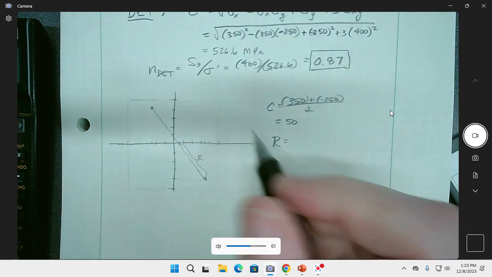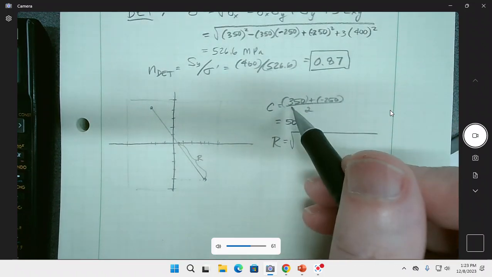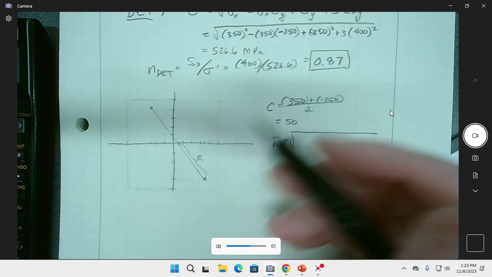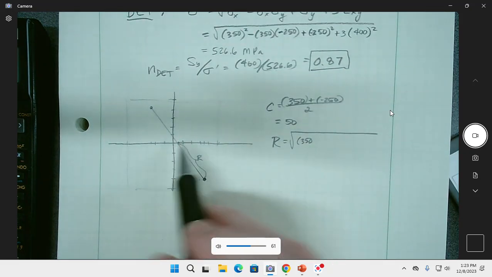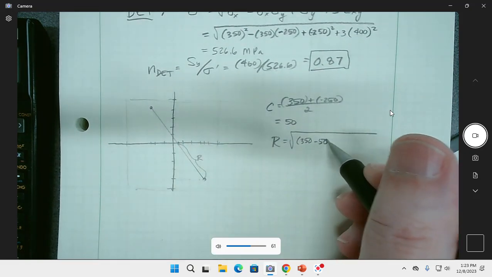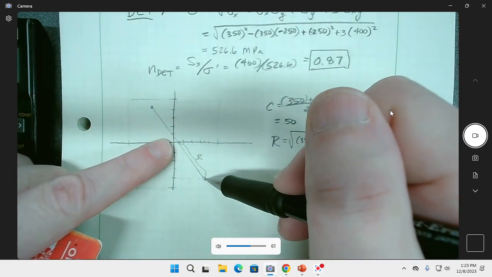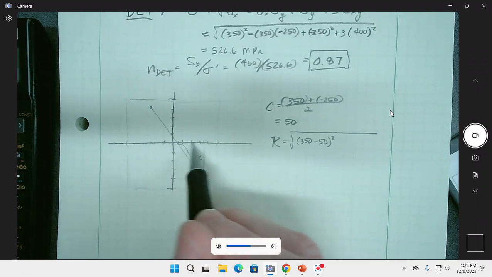So R is going to be this value, which is 350, but we're going to subtract out the center. And so that's going to give this leg right here, if we stretch it up to right there, that's this leg right there is going to be 300.